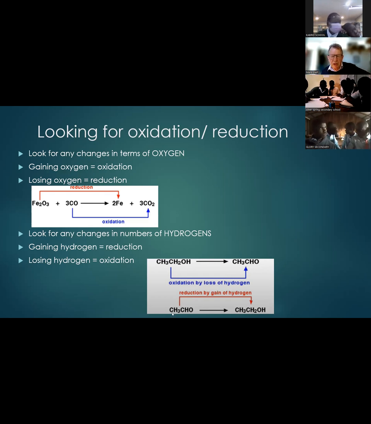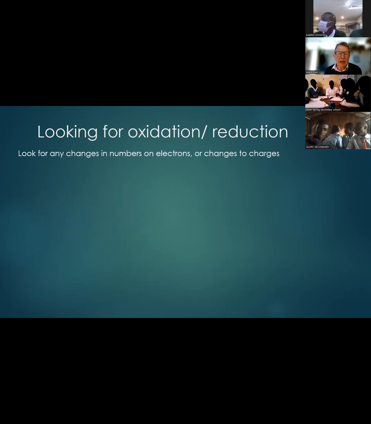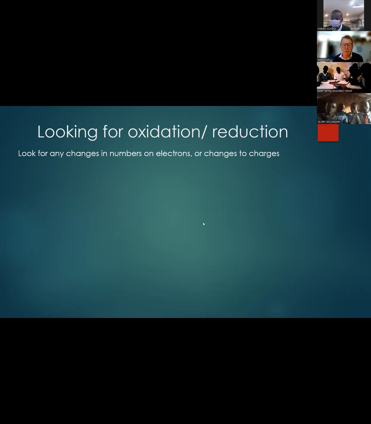At the bottom, going in the reverse direction, going from ethanol to ethanol, look, it has gone from 4 hydrogens to 6 hydrogens, and therefore it is gaining hydrogen. Okay, so gaining oxygen, losing oxygen, gaining hydrogen, sorry, losing hydrogen.